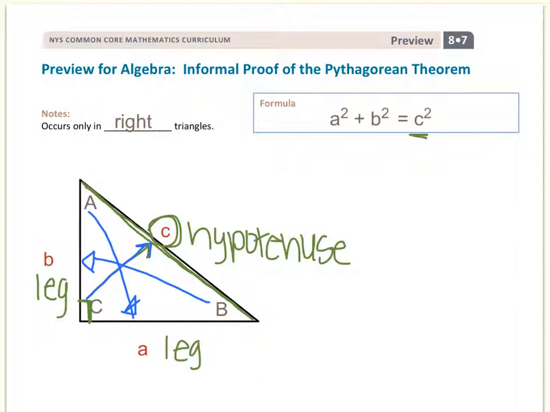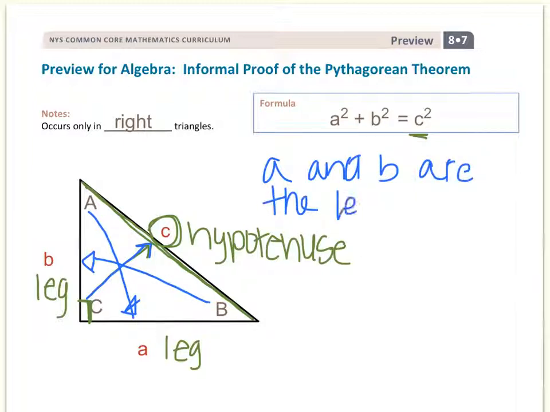So the main things you need to know is A and B are the legs of the triangle.